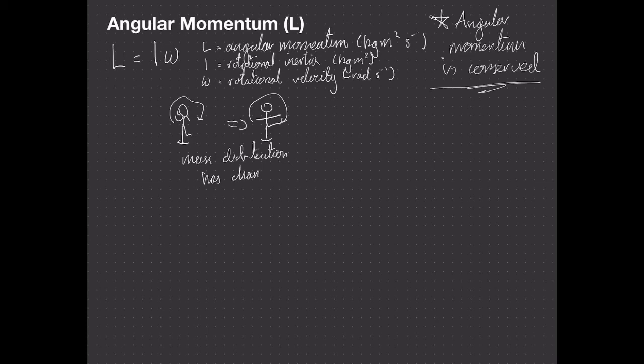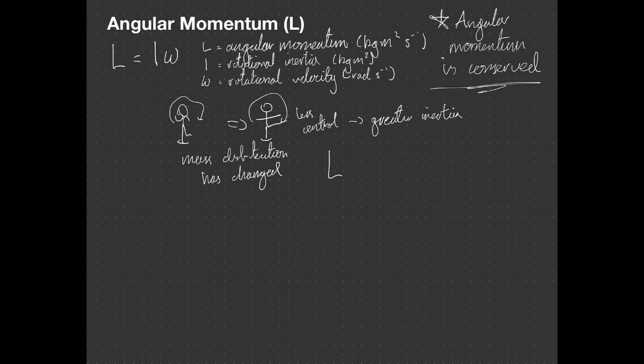Okay. Now, from our previous video, we know when your mass distribution is less central to the center of rotation, you're going to get a greater inertia. So, if our momentum is conserved as it is, we're going to have a change in angular velocity.